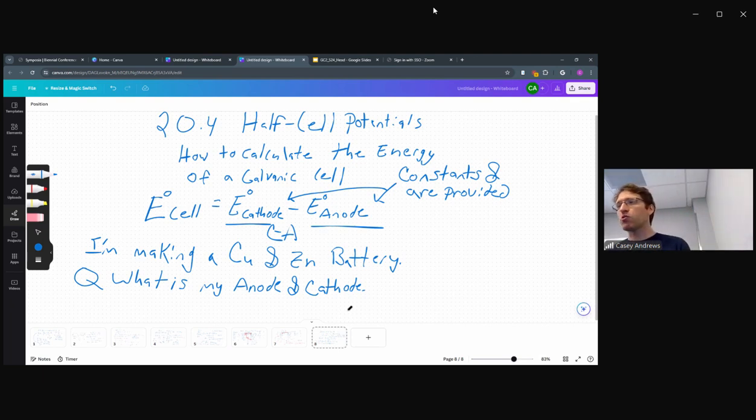And so what you would be given is these potentials. So you would be given, okay, if copper 2 plus is reduced to copper solid, the energy of this is 0.34 volts.